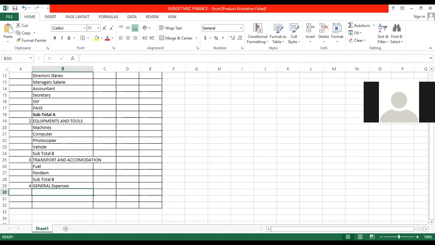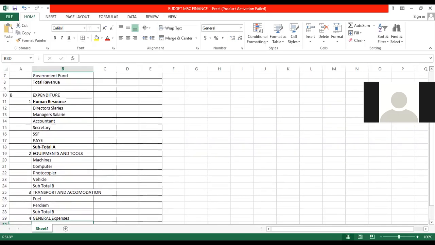Now, the most important thing is, you have seen this is number one. Number one is the budget category, and the budget category for human resource. This is the line item, human resource. Another line item is equipment. Another line item is the transport and accommodation. Another line item is the general expenses.